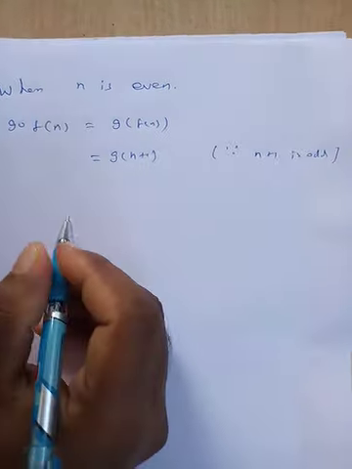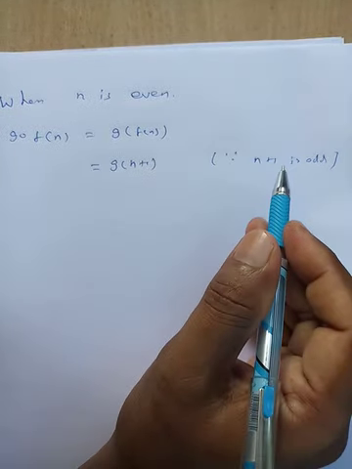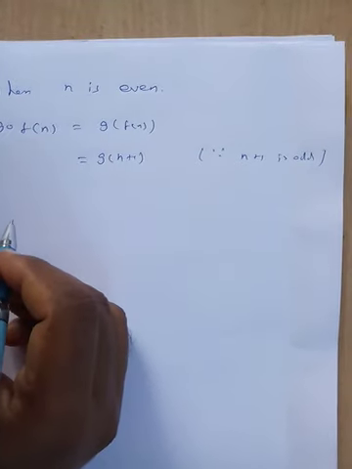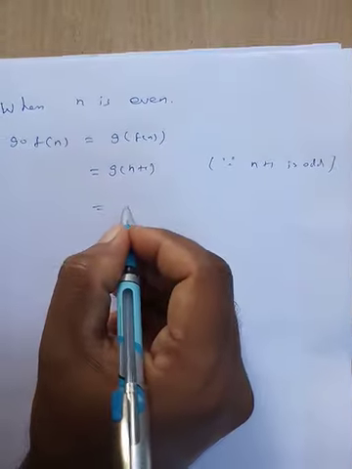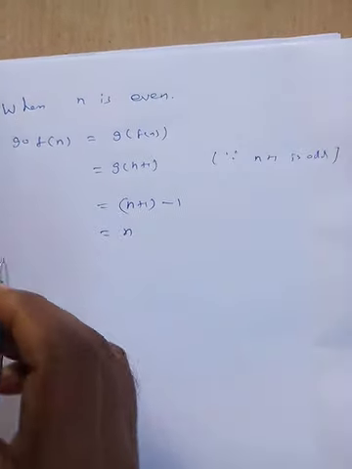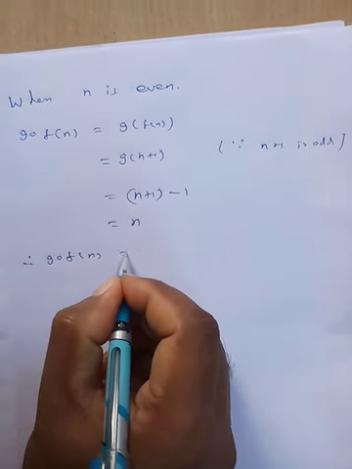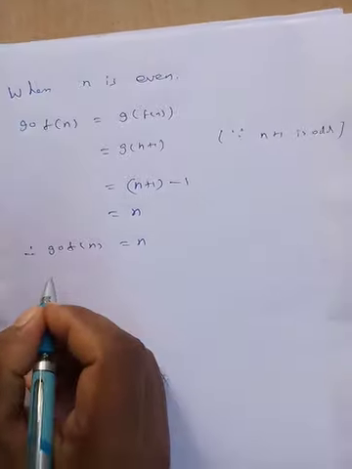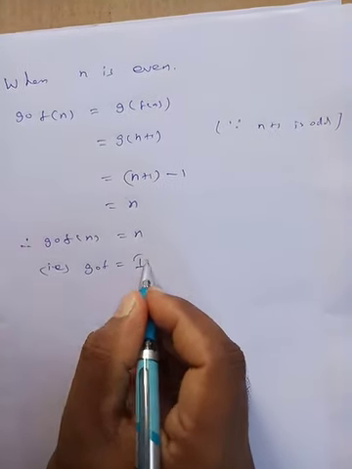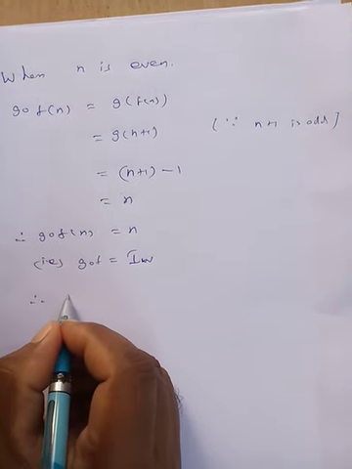So in the function g(m), m is odd, then g(m) is equal to m minus 1. So this is equal to n plus 1 minus 1, which is n. Therefore, g composition f of n is equal to n. That is, g composition f is equal to I_W. Therefore, g is the inverse.